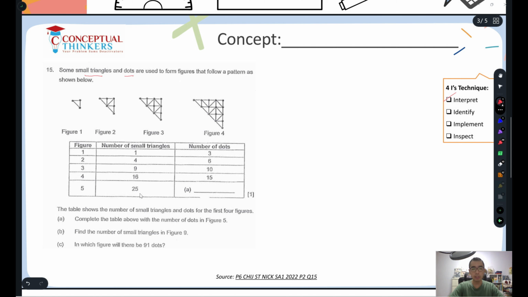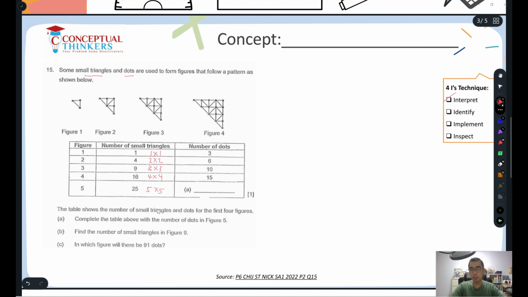Now, I feel that these numbers are actually very common numbers. These are called square numbers. So why is it called square numbers? Because it's the same number times the same number. So in this case, it's 2 times 2, then 3 times 3, 4 times 4, 5 times 5.